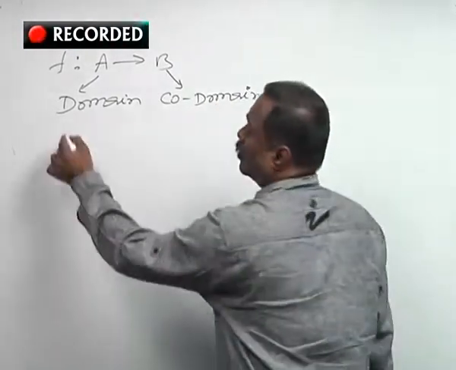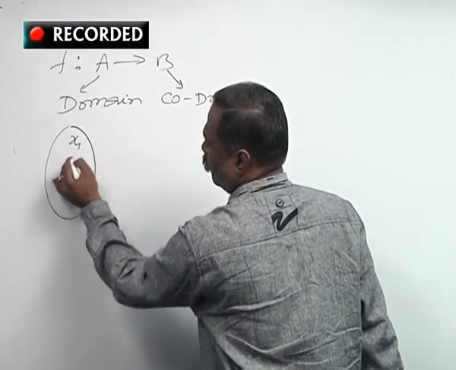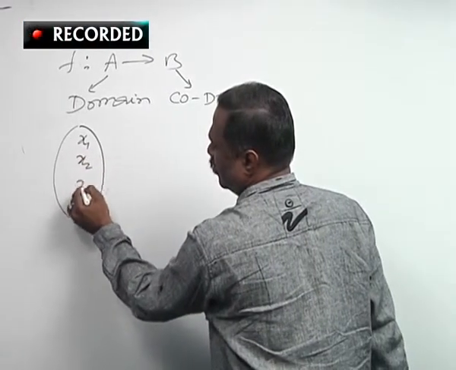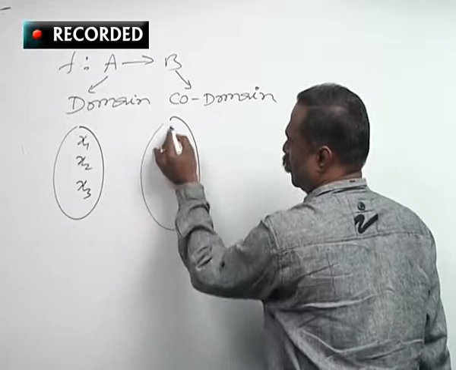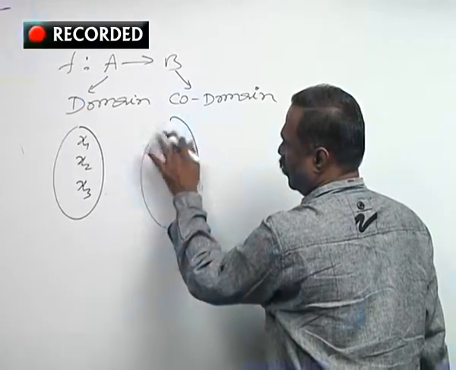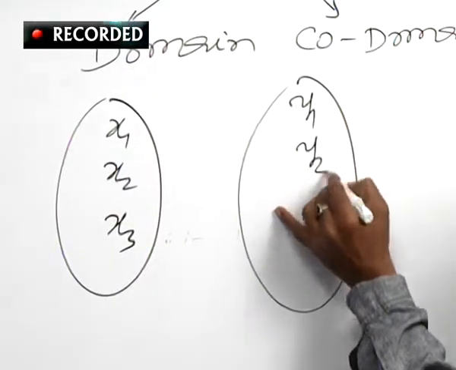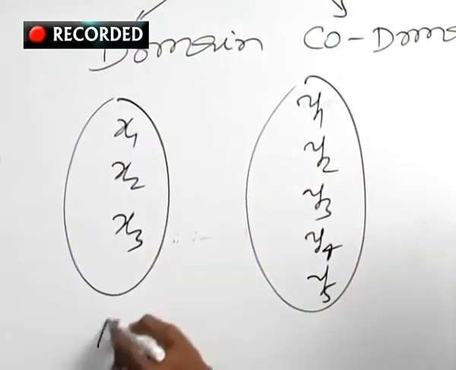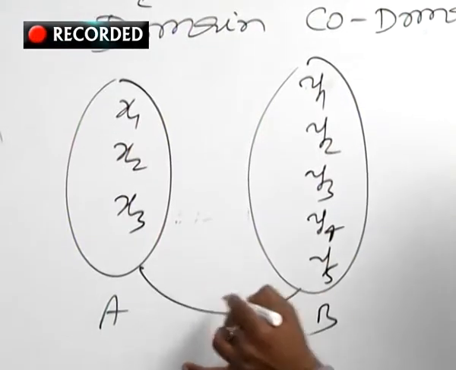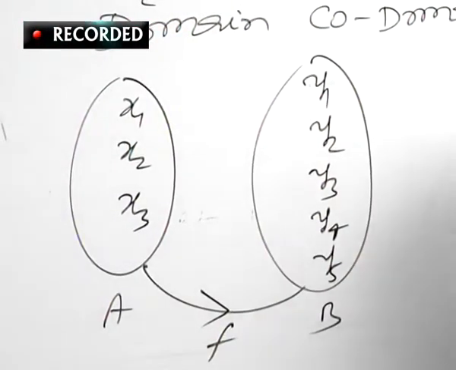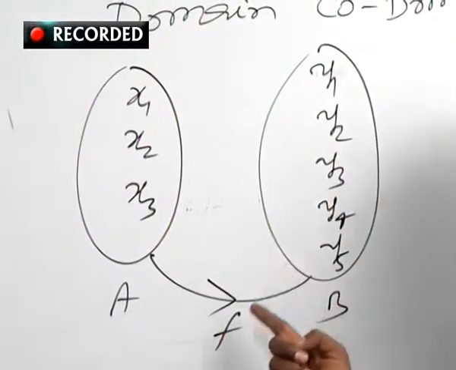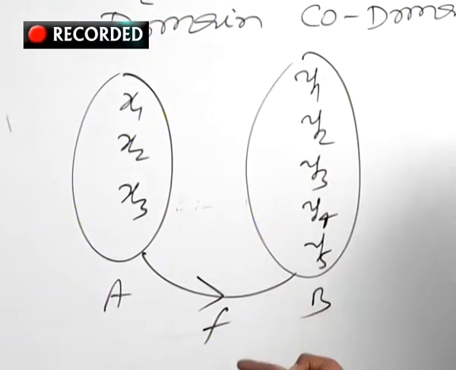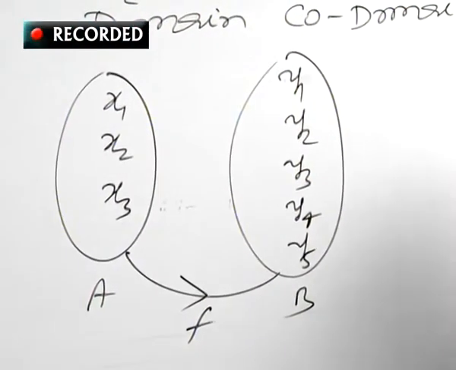Now, the domain is consisting of, let me say, 3 elements, and the codomain is consisting of, let me say, 5 elements. This is A, this is B, and the mapping F. If F is to be a function, then what is the rule to be followed?